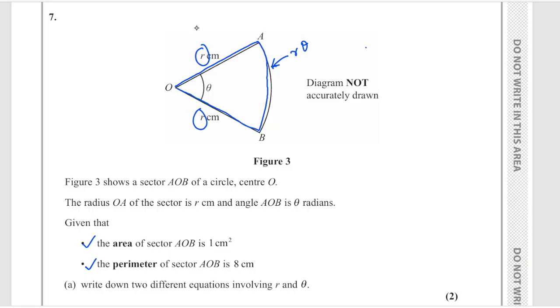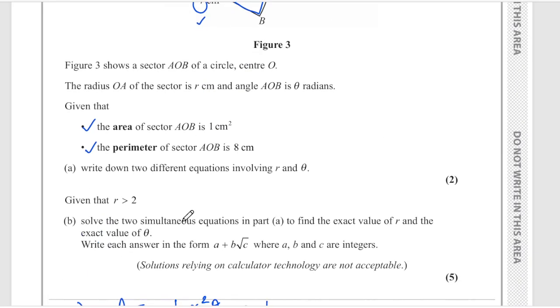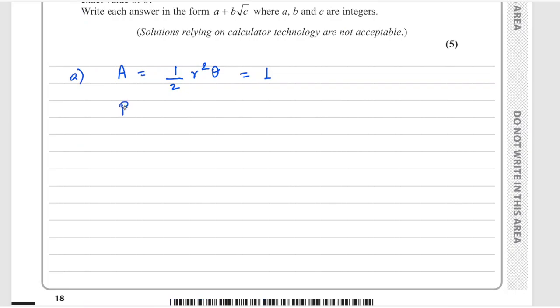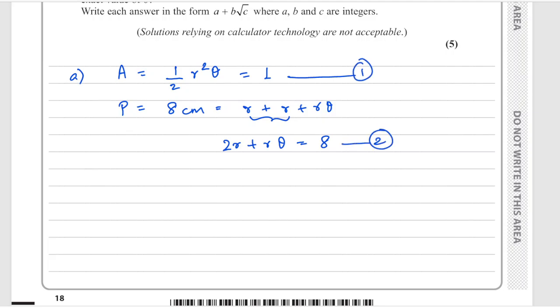So the total will be r plus r theta plus another r, which is given as 8 centimeters. In short, we can combine these and write the equation as 2r plus r theta is equal to 8. So this is your first equation and this is your second equation.